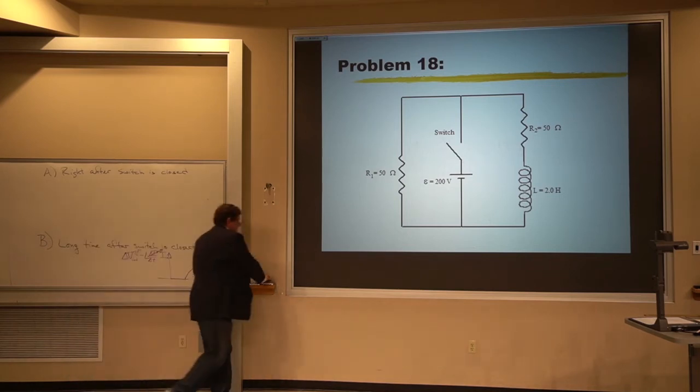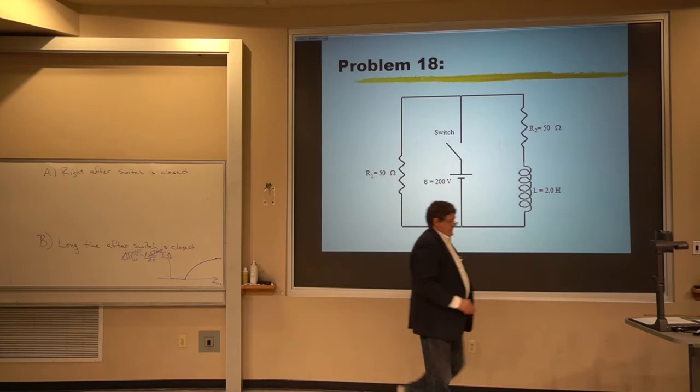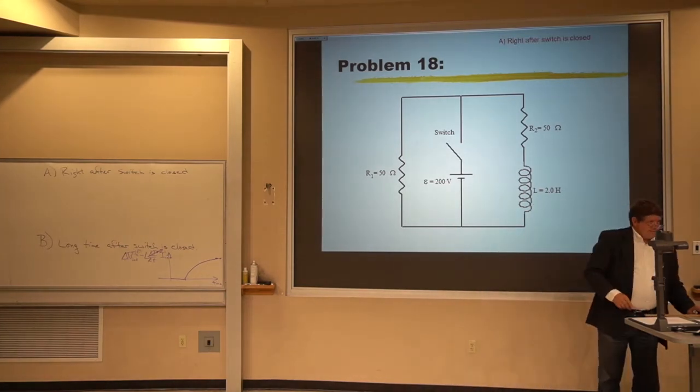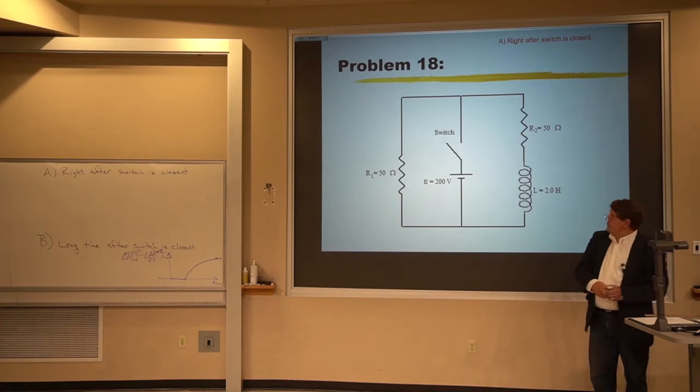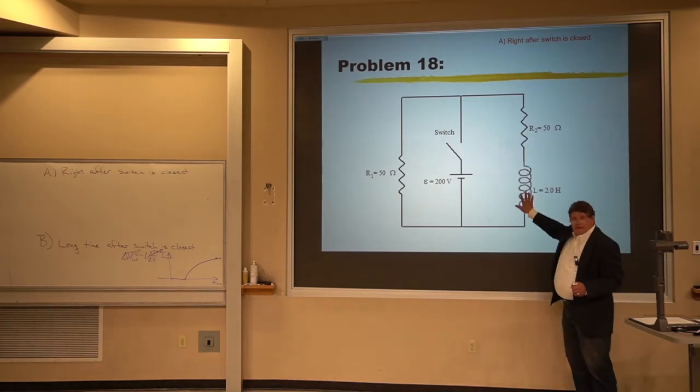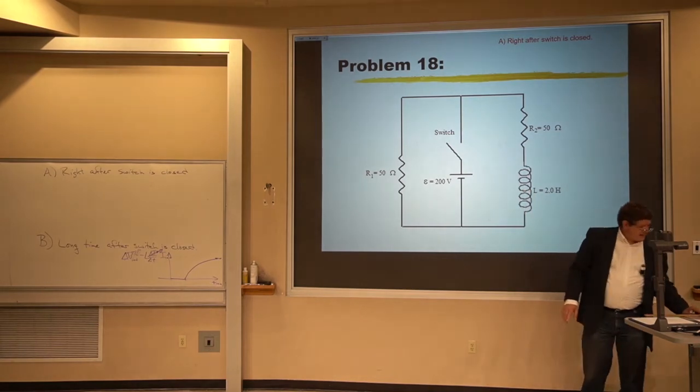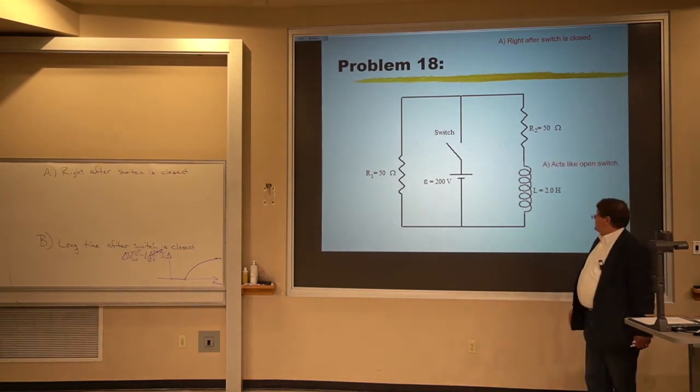Right after the switch is closed, again, we start with no current through the inductor, and we can't change that instantly, so there has to still be no current through that inductor right after I close the switch. That means this is going to be acting like an open switch.